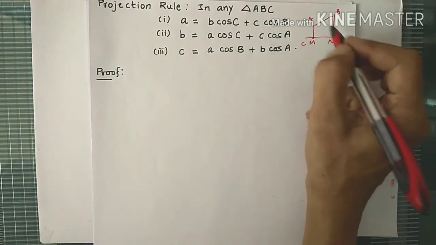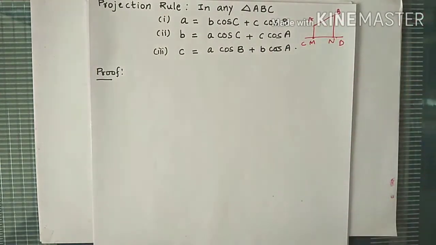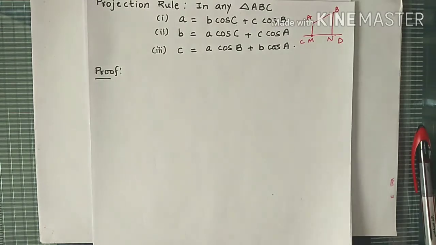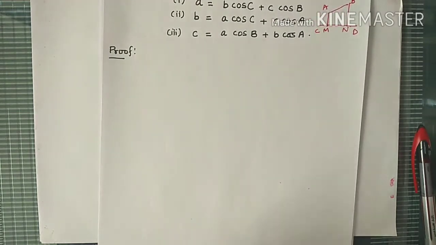So this MN is projection of AB on CD. Okay, so that is the projection. So let's study this projection rule. Let's consider angle B in triangle ABC. It can be acute angle or right angle or obtuse angle. So depending upon the three cases, let's see the proof.